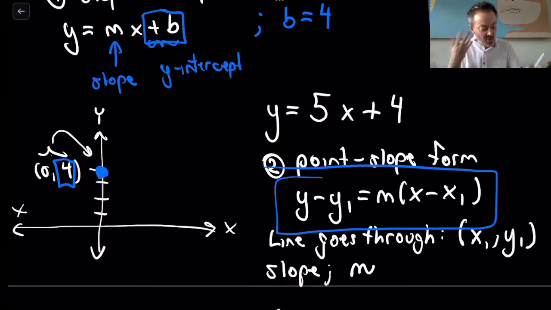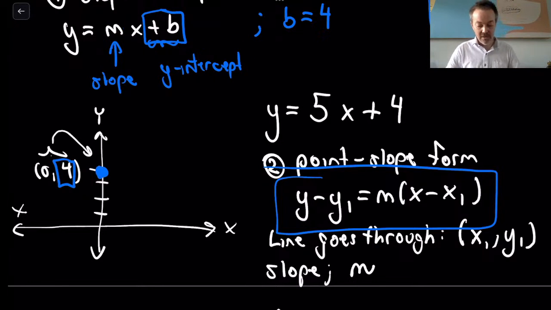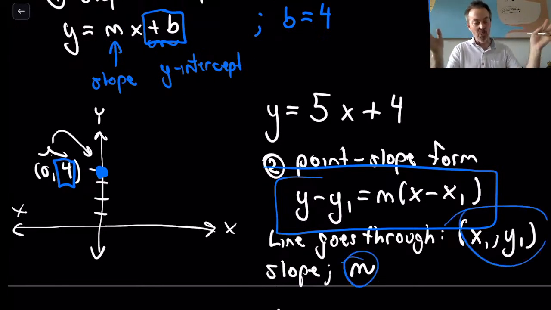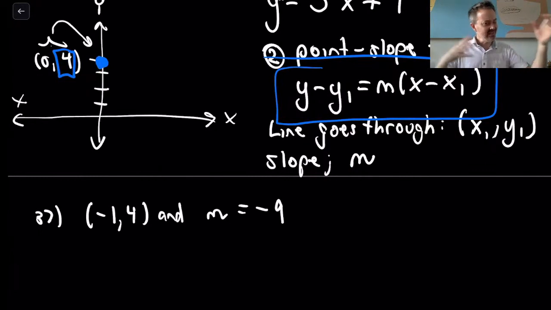The first one's a little more special. You know the slope and you know a point, but it's a special point: the y-intercept. On this other formula, we still know the slope, but we can just use any old point. So to me it's more general, but again, it's apples and applesauce. It's the same thing.